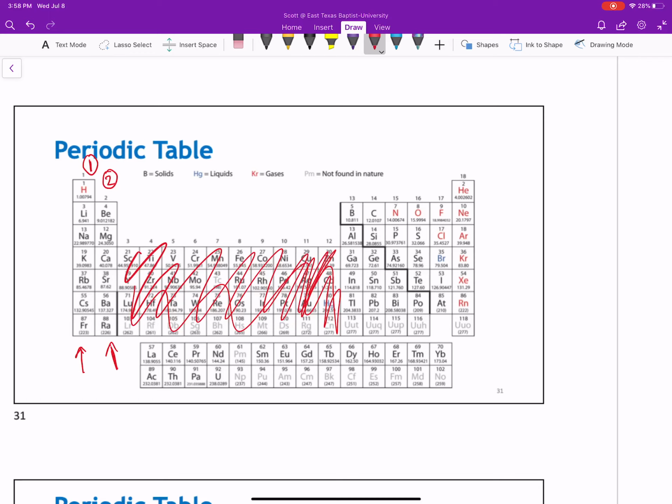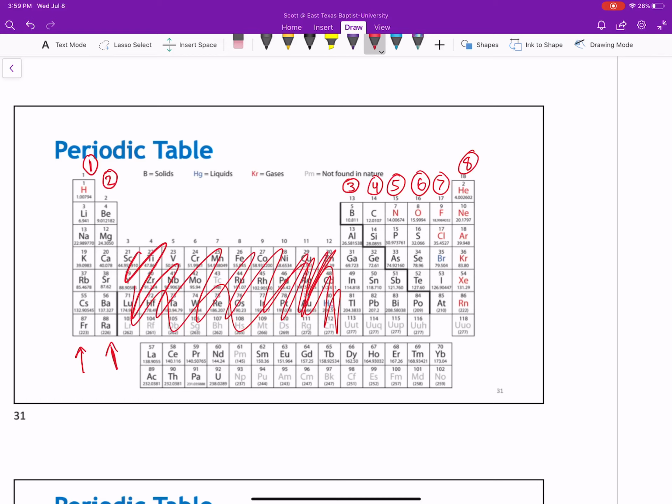The column which has aluminum and boron is going to have 3 valence electrons. 4 with your carbon silicon column. 5 for your nitrogen column. Now we get to the oxygen column, 6. The halogens, which are fluorine, chlorine, bromine, iodine, 7, and then your noble gases, 8. Okay, that's a neat little trick to determine how many valence electrons there are.